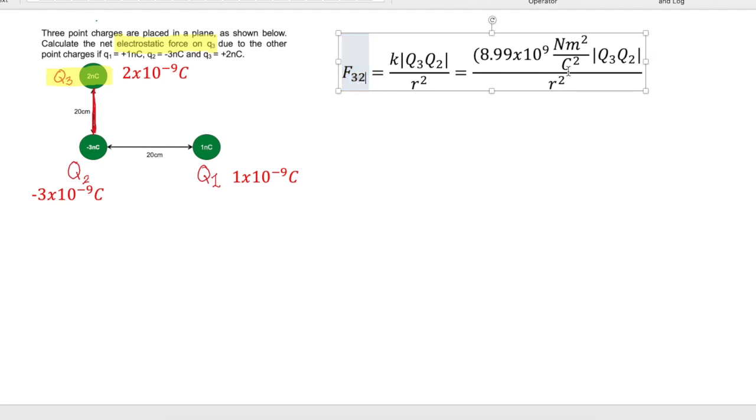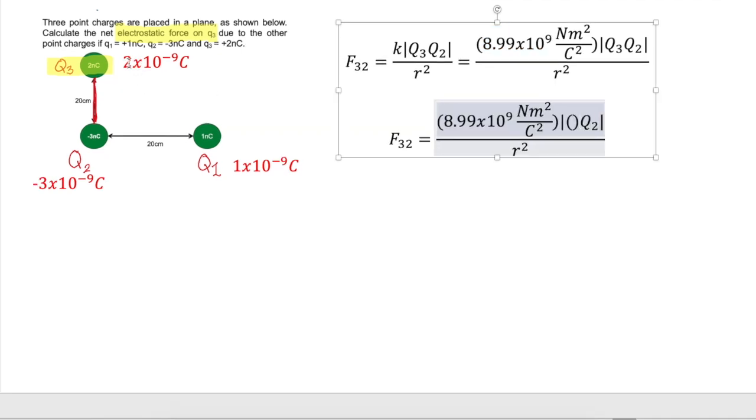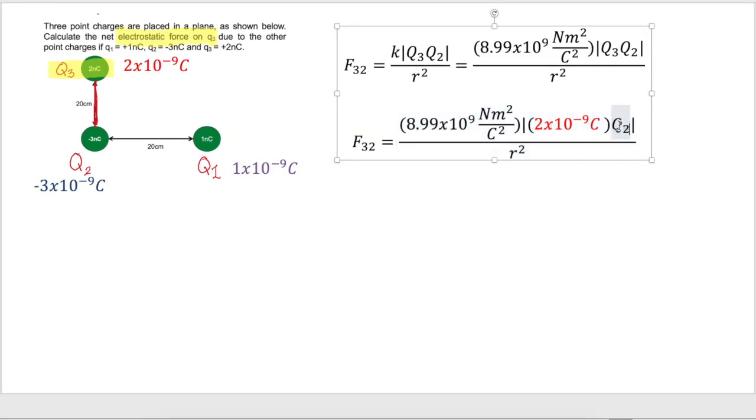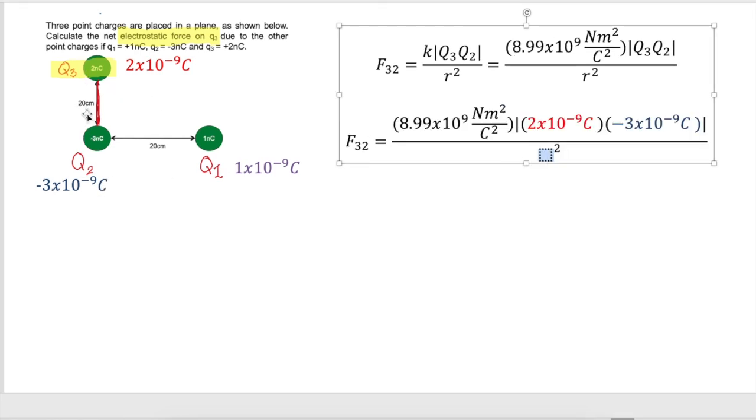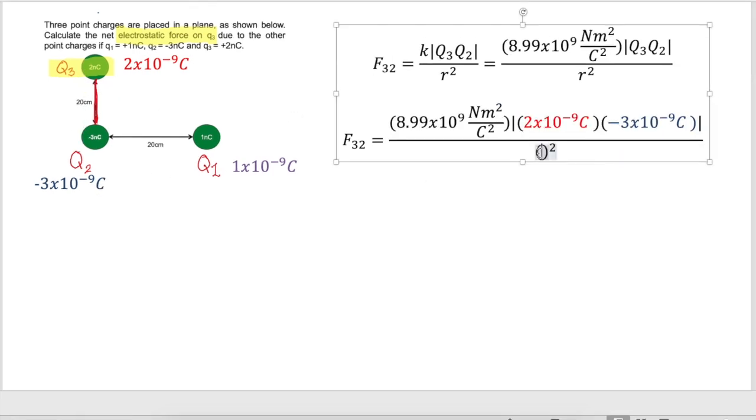So we have this formula, K, which is a constant, that is 8.99 times 10 to the 9 newton meter squared per coulomb squared. Let's use this formula. Q3 is this one, and then Q2 is this one. The distance between them is 20 centimeters.